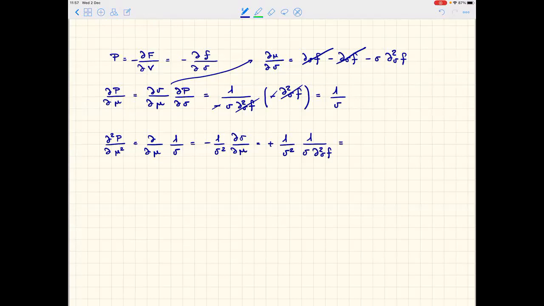And this is 1 over V cubed d squared V f. Now, in other words, if I remember the expression for P, so P is minus dF dV, this is equal to minus 1 over V cubed dV P.